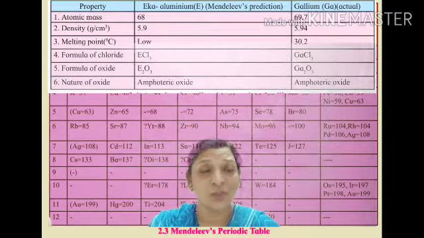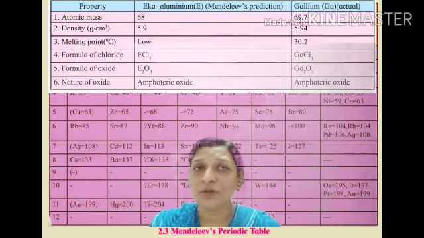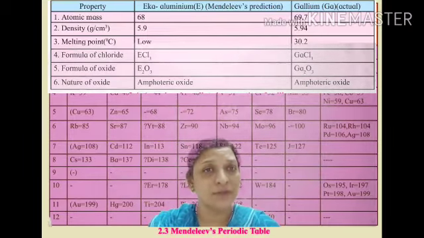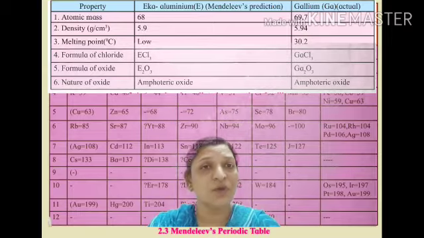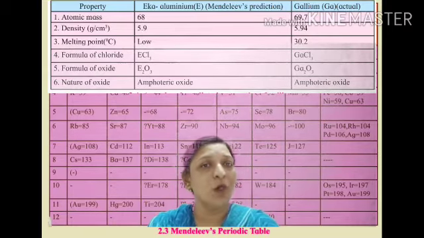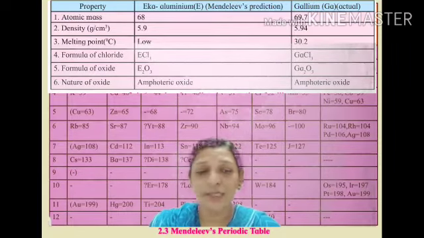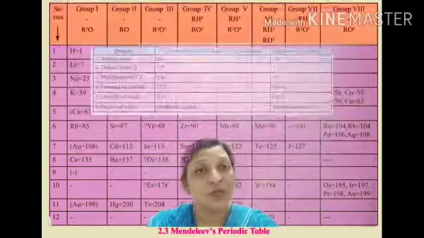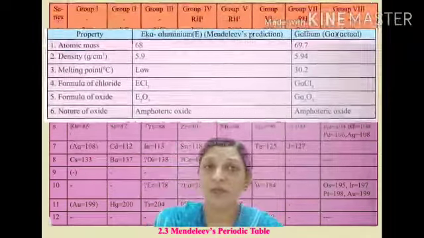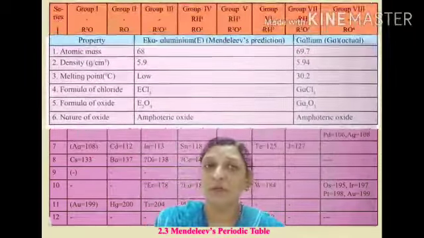And surprise, dear students, after few years, the same elements got discovered and properties were also matching with that mentioned by Mendeleev. Let us have a look to the table which is mentioning actual properties and predicted properties by Mendeleev in his periodic table.